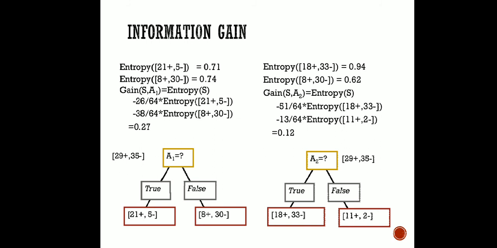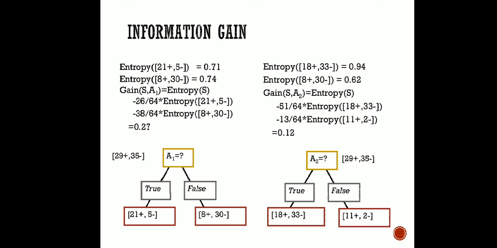What are the chances of positivity in true? That is 21, and negativity is 5. Using the same formula, minus 21 by 26 log base 2 of 21 by 26, and plugging in these values, it will be 0.71, and for the false part it will be 0.74.